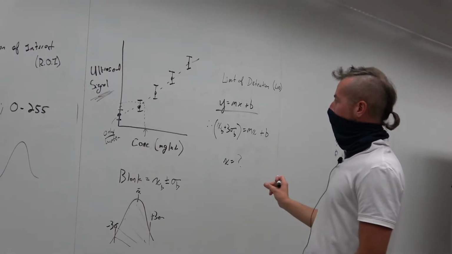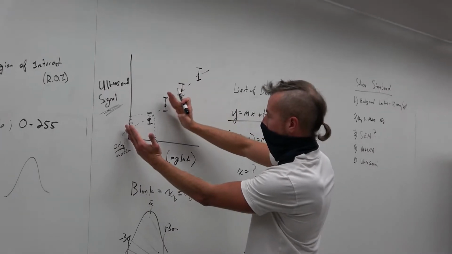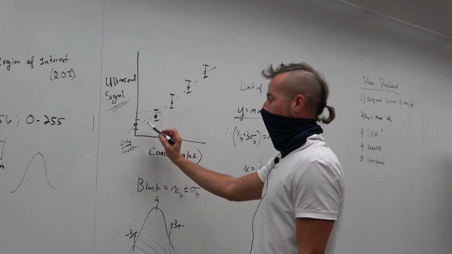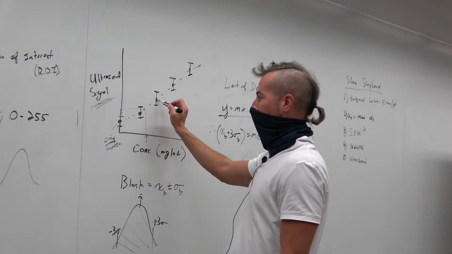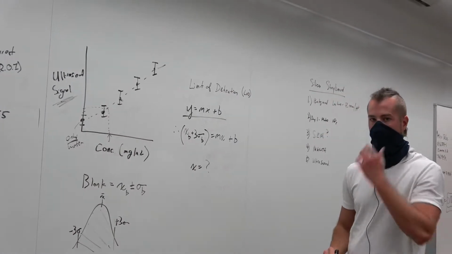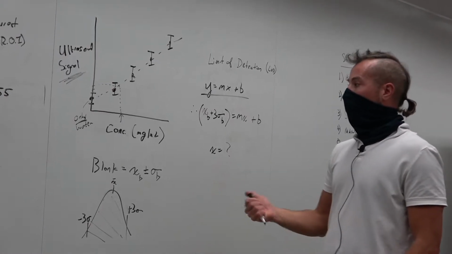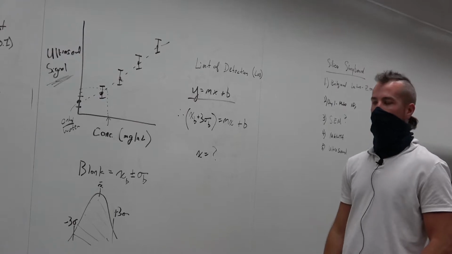So what you may have to do when you do your data analysis is plot this between a smaller number of data points, right? And in the extreme situation, you just have to do a ratio between the lowest one that you can detect and your background, and do a ratio between those two. But I think we will get good enough data that you can use this approach to determining your limit of detection.